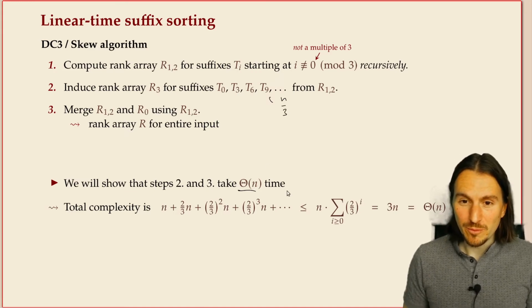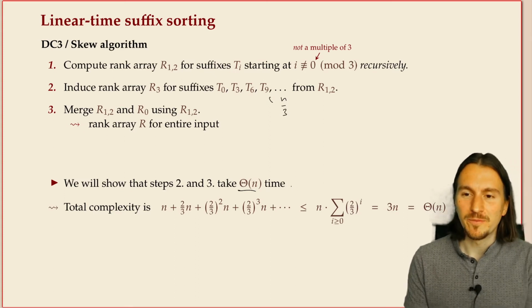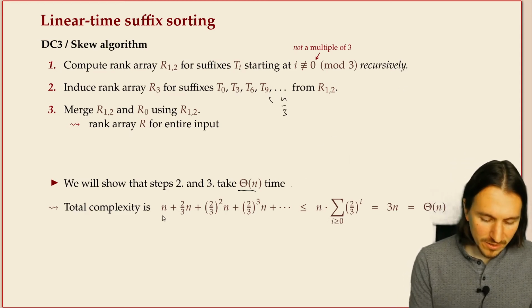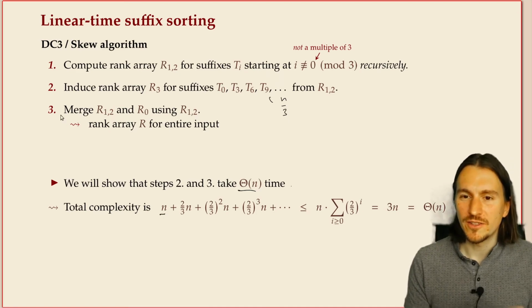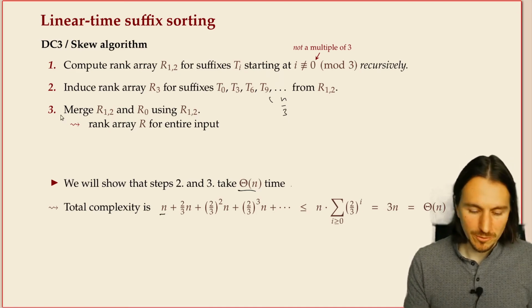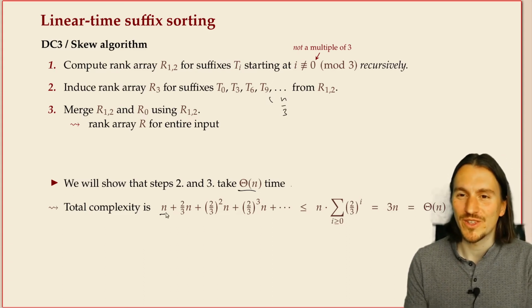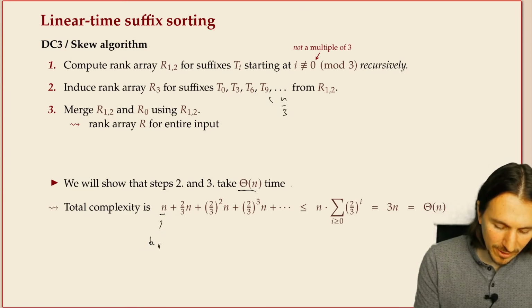But let's first suppose we have already convinced ourselves that this is the case. What is the total complexity then for the recursive calls? Well, this is step 2 and 3 on the top level. So we spend linear time here, linear time here. Let's just renormalize that so that the constant is 1. That's the top level.